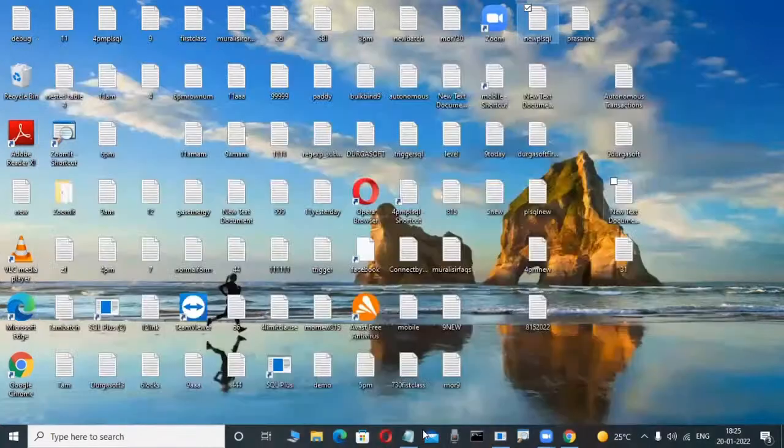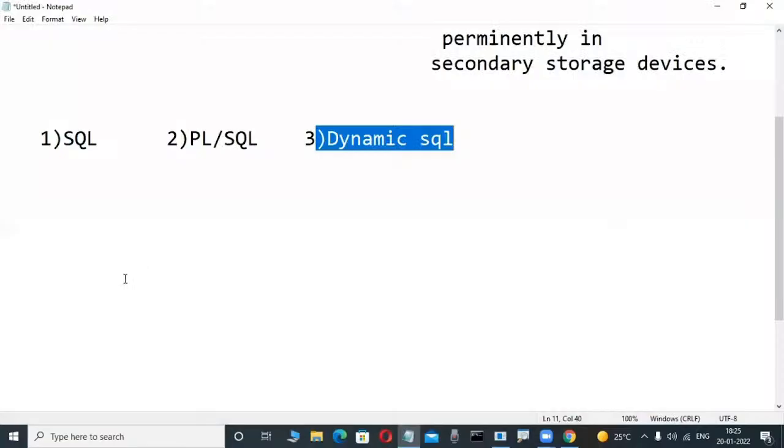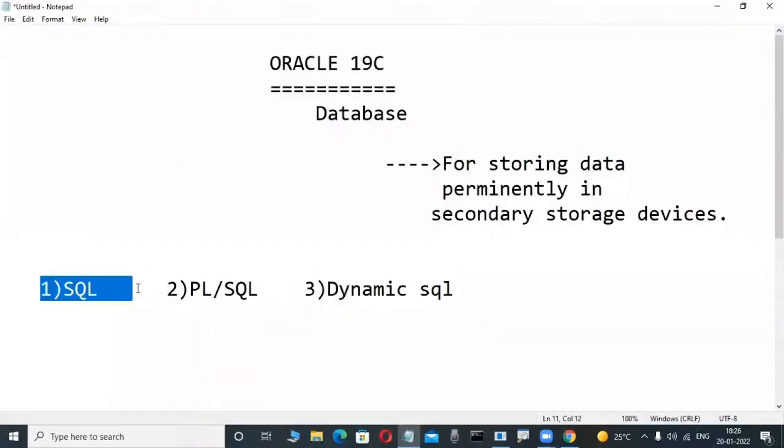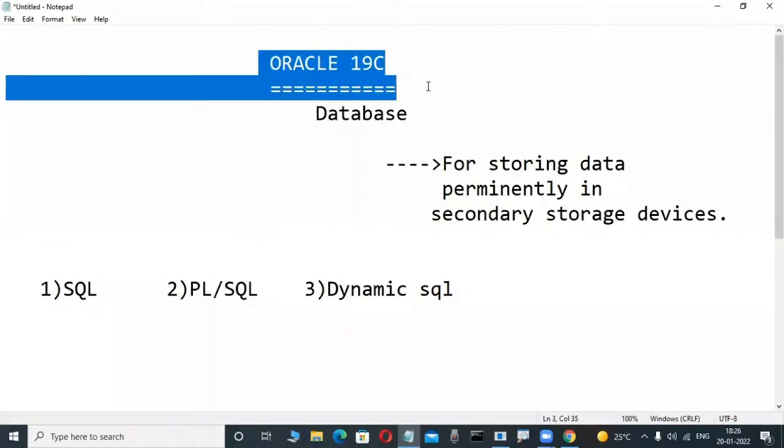So much syllabus is there. That's why we first learn the SQL language, and after you get some knowledge, you learn PLSQL. Through these two languages we are operating this Oracle software.